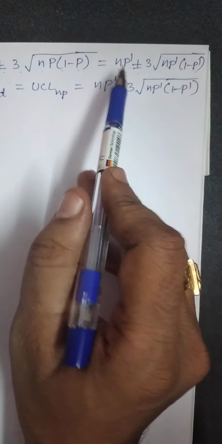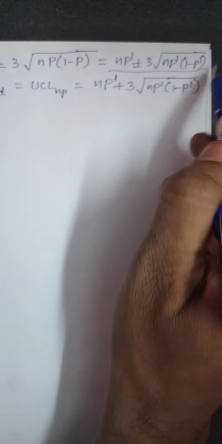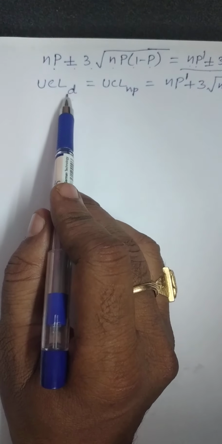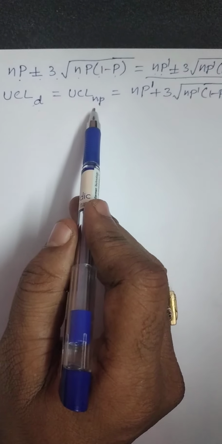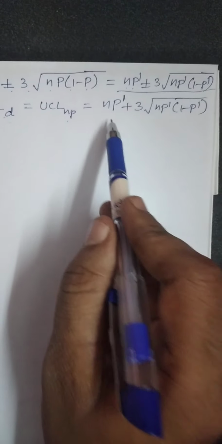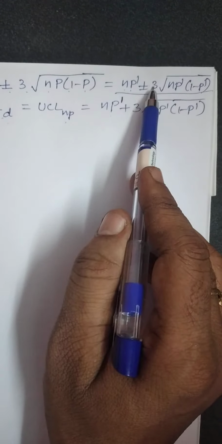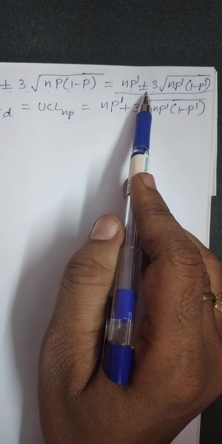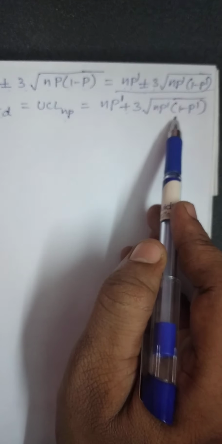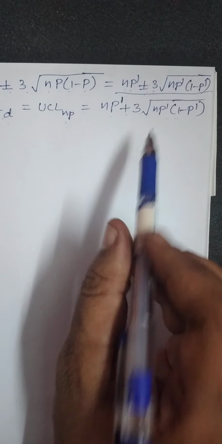Okay. Now you consider these 3 sigma control limits. The UCL of D, you can write as UCL of NP as well, which is NP dash plus 3 into square root of NP dash into 1 minus P dash.